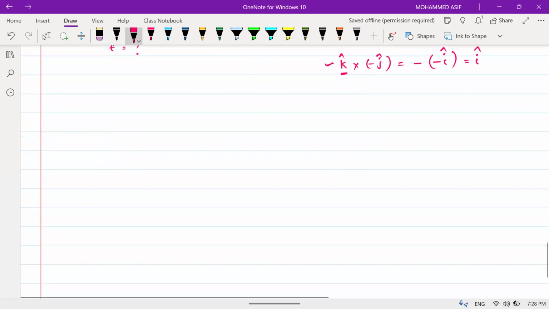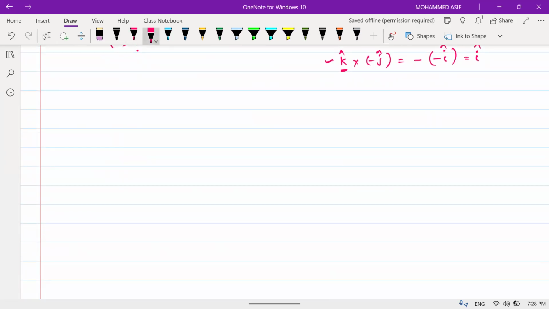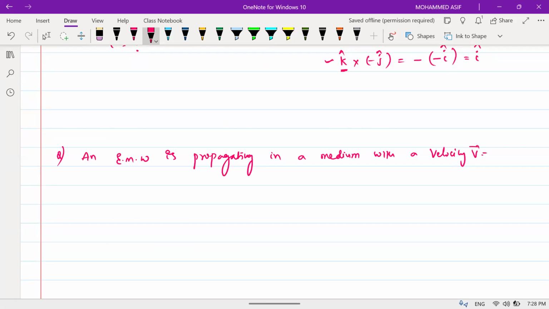Okay. I'll give you one more question in the question format. You please try to do it always. Say for example, we have an electromagnetic wave. An electromagnetic wave is propagating in a medium. Think and give me the answer. With a velocity V bar equals V into I cap.